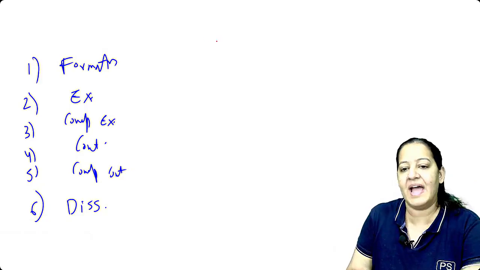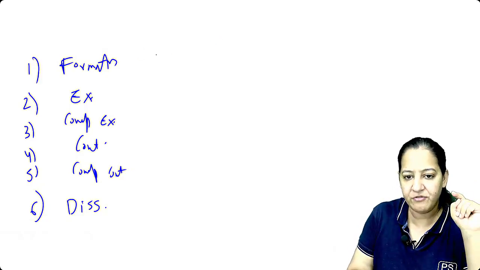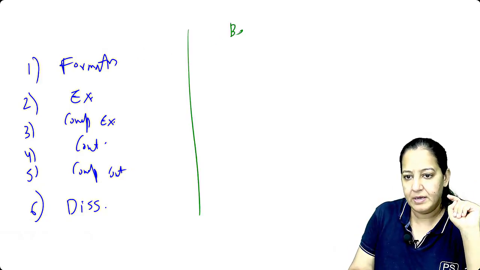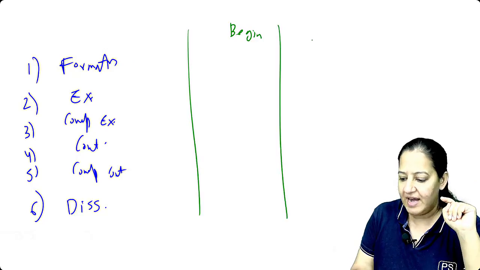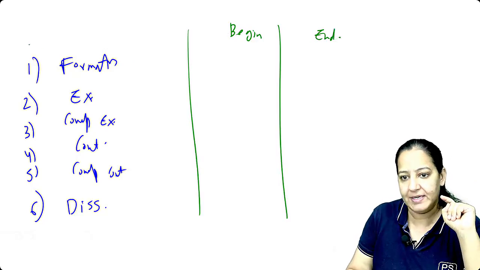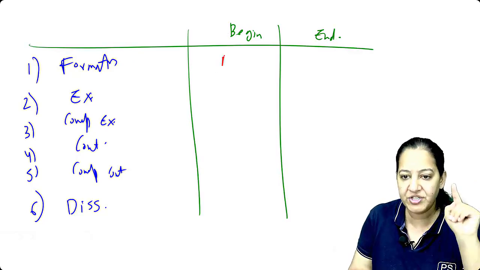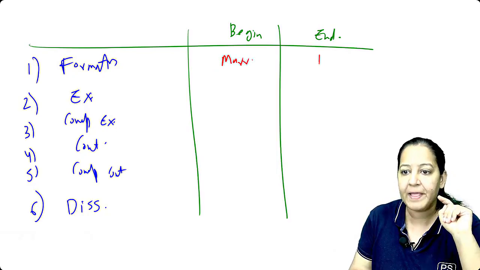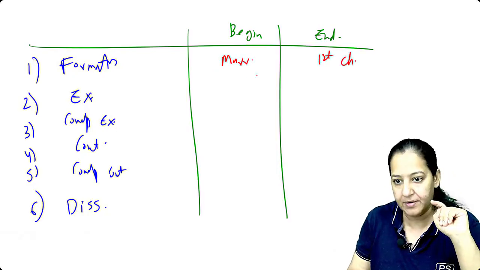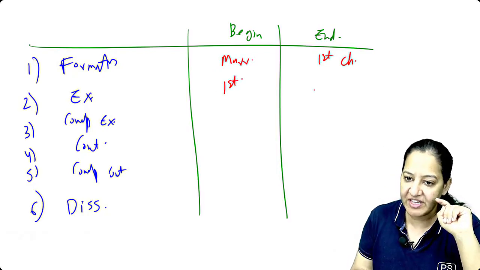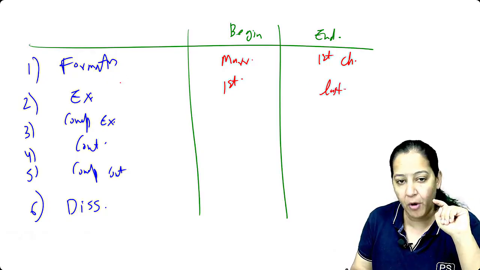Say the beginning and the end point. Say the beginning point of all these, when the phase begins, and say the end point of all these, when it is ending. So formation starts with marriage and lasts till the first child is born. From the first child till the last child born, it's extending.